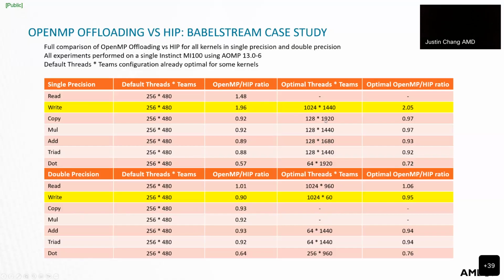The threads, teams configuration that you need for each of these operations will probably be different. Nonetheless, we still encourage users that when they work on their applications and algorithms, they consider playing around with the threads and teams. Optimization for BabelStream requires a different number of threads and teams for each of the sub benchmarks.